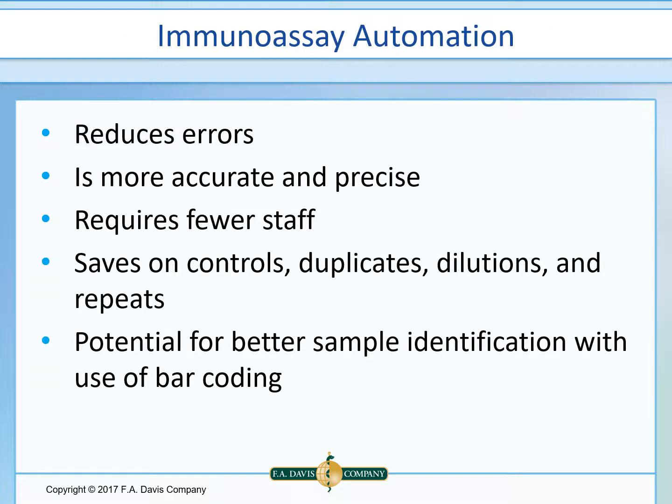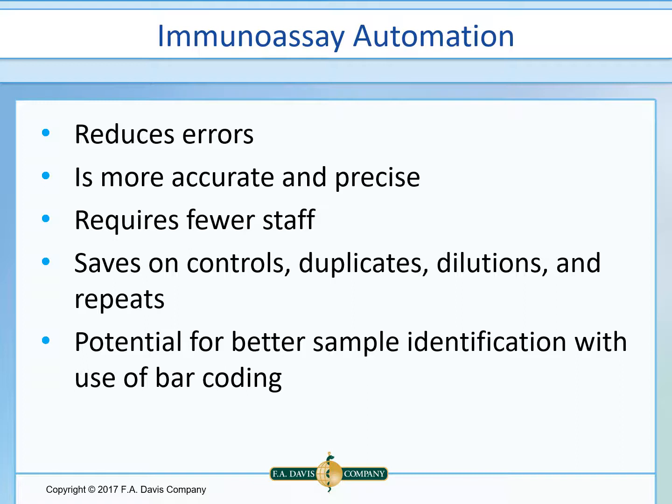So far we were talking about flow cytometry and that testing and instrumentation. In addition to flow cytometry, the use of automated technology has become more prevalent in the clinical immunology laboratory with the advent of automated immunoassay analyzers.